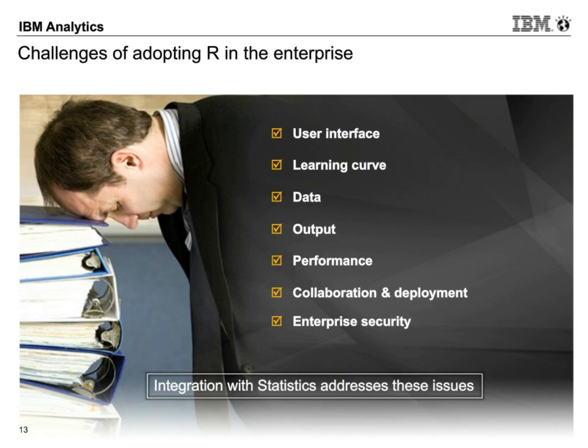Collaboration, deployment: how do you share not only results from your analysis, but how do you share intellectual property that you've built, your programs, how do you put those programs into production applications, and in general, how do you manage all of that material that's so valuable that you create? And of course, security is always an issue. So integration with SPSS Statistics addresses all these issues. There are solutions or partial solutions in the R community for some of these, but in one place using Statistics, you'll see you have a general solution for this.